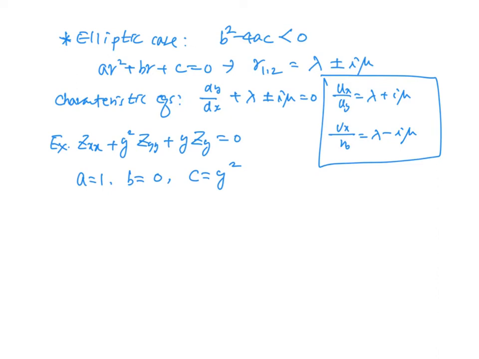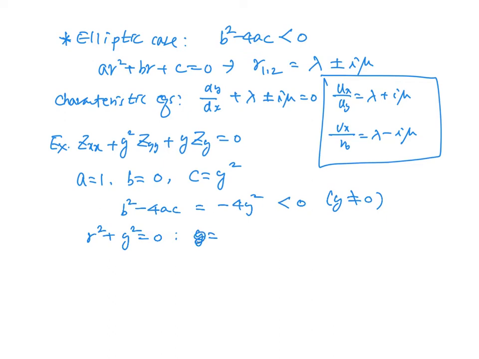So b squared minus 4ac, which is minus 4y squared, is always less than 0, right? For y non-zero. So r squared plus y squared is equal to 0. r must be plus minus iy, right?